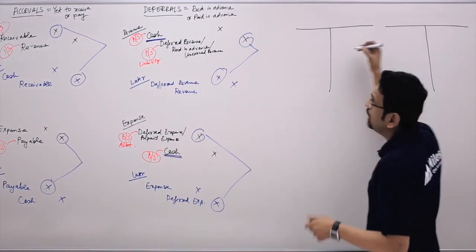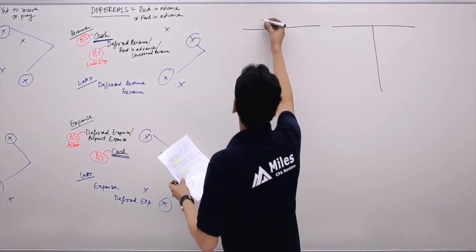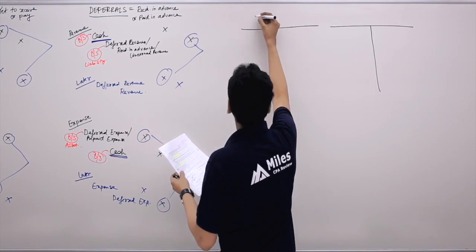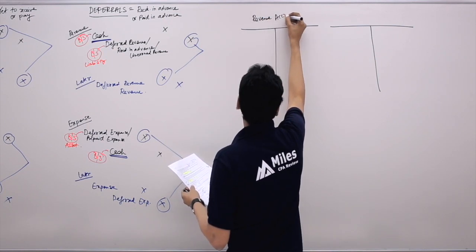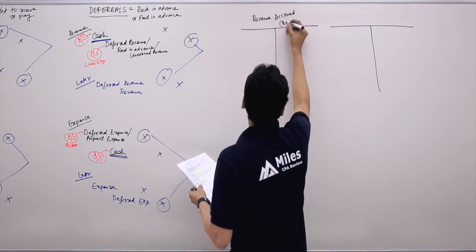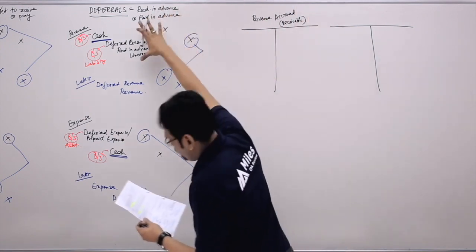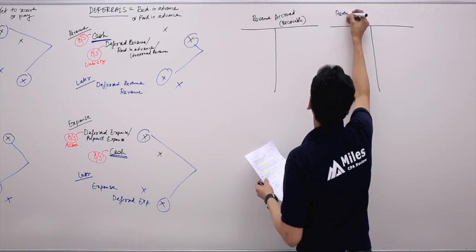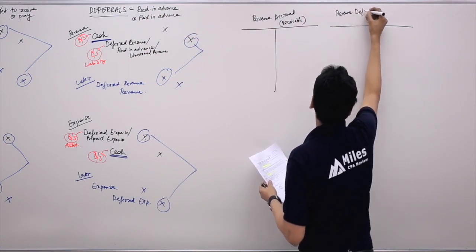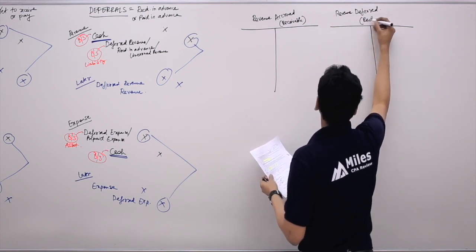One is for accrual. So one is for accrued revenue or revenue receivable. So this is royalty accrued. Let me call it revenue accrued or receivable. The next T account, that's for deferral. So that's basically royalties deferred, or let me call it revenue deferred. Basically this is received in advance.